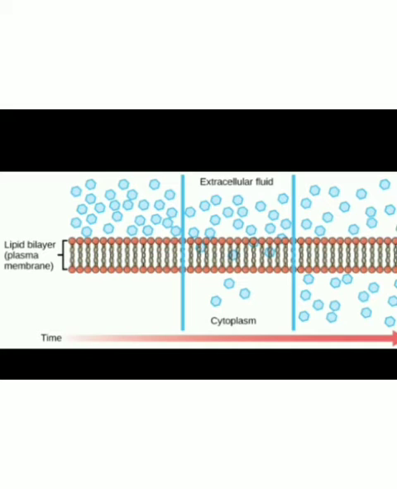You know what diffusion is, right? It is the movement of substances from a region of higher concentration to a region of lower concentration. Here in the cell, if the carbon dioxide concentration is more, it has to go out, and if the cell needs oxygen, it has to come into the cell. We have studied the process of diffusion in the earlier chapters. There is a spontaneous movement of substances from a region of higher concentration to a region where the concentration is low.